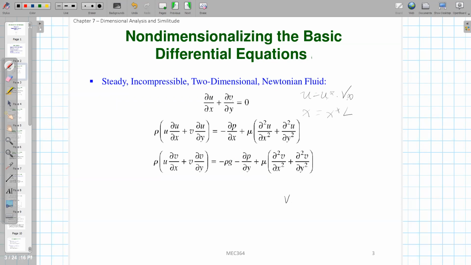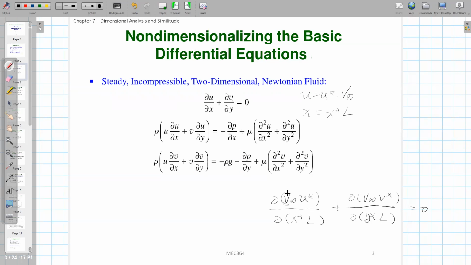You get v infinity times partial u star over partial x star times L, plus v infinity times partial v star over partial y star times L, equal to 0. I just replaced u, v, x, y with u star, v star, x star, y star.